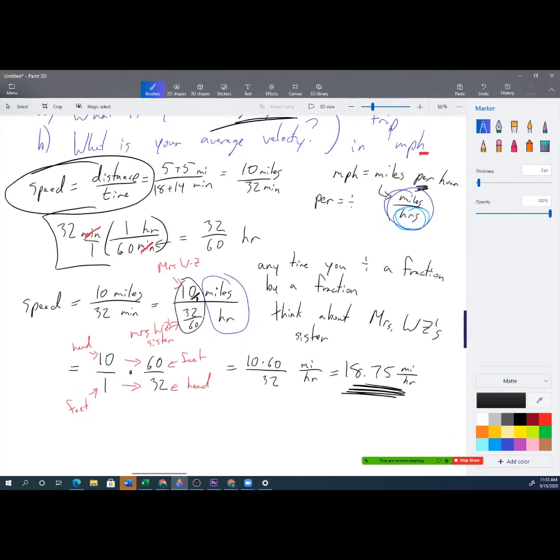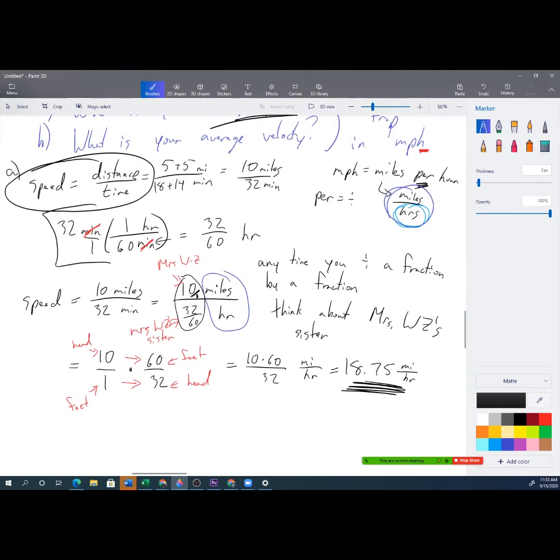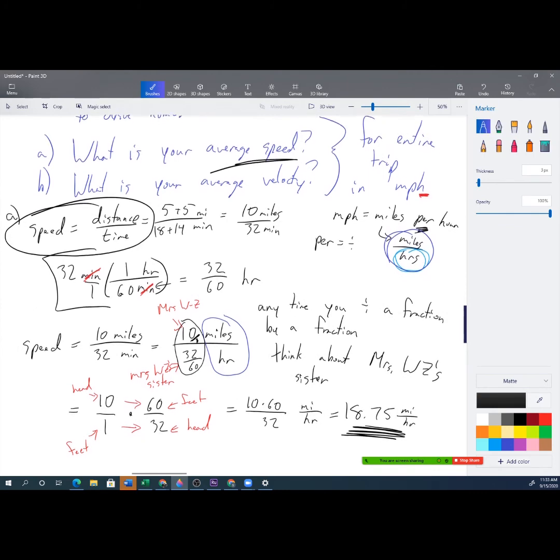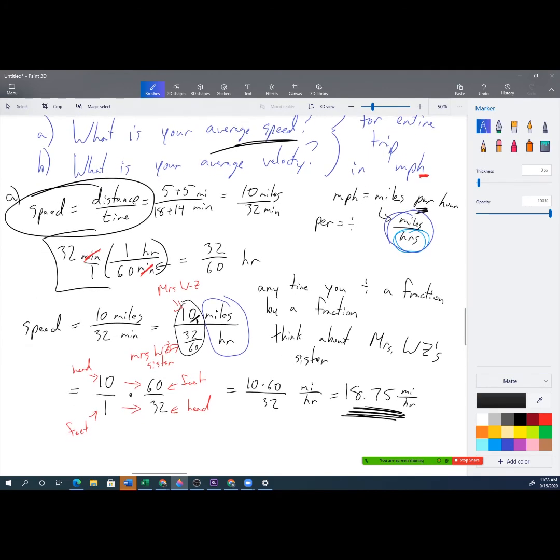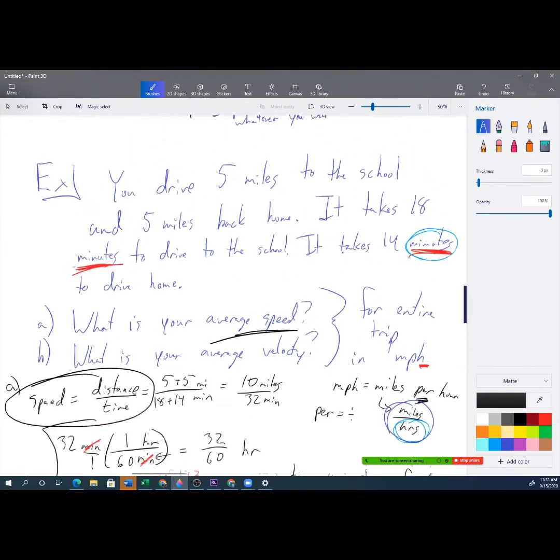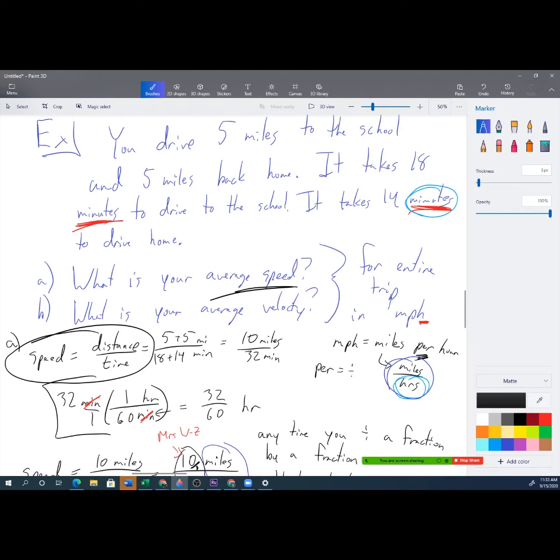Now, one more question, because all of that was part A. What was your speed? Average velocity actually is going to go a little faster in this problem. In this situation, could you tell me what my displacement over my time would be?